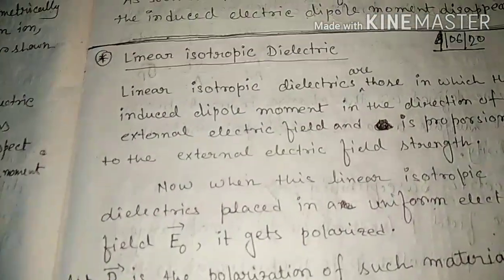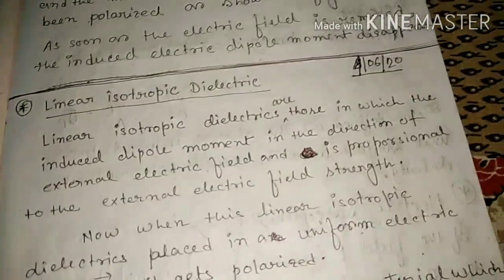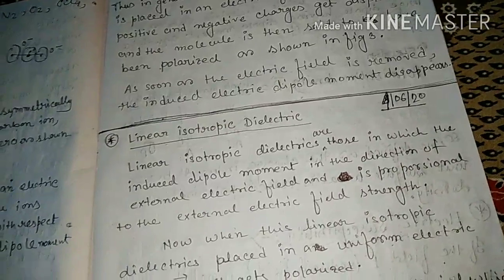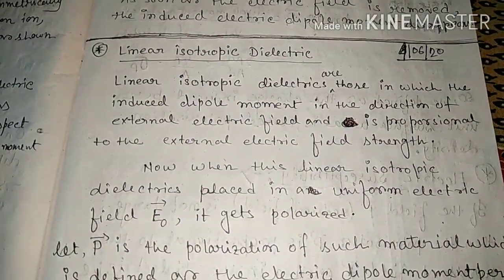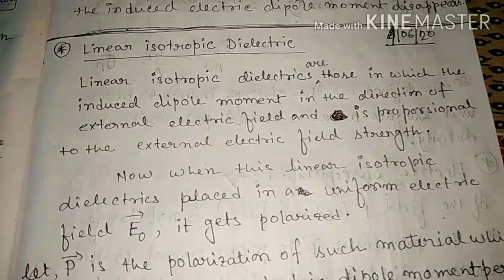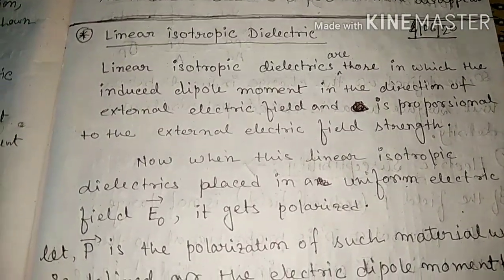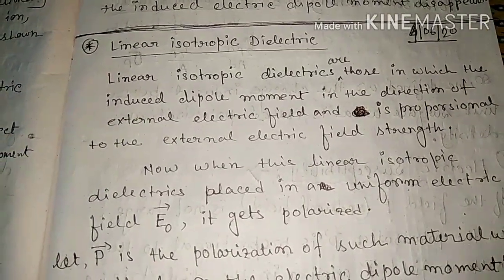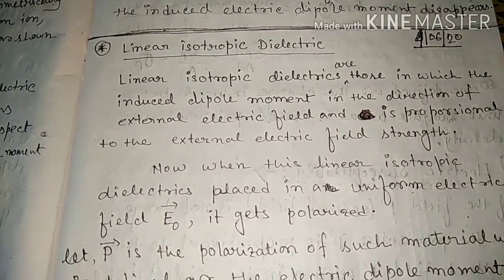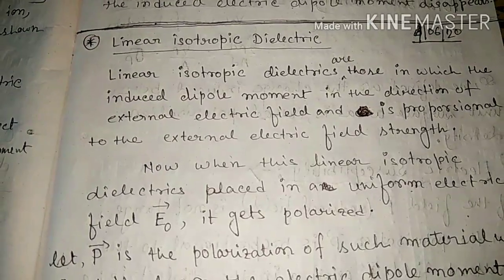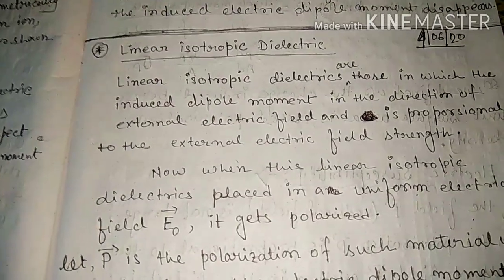Now today we discuss the linear isotropic dielectric. A linear isotropic dielectric is a substance in which the induced dipole moment is in the direction of the external electric field. When placed inside an external electric field, a dipole moment is induced, and its direction is along the external electric field.